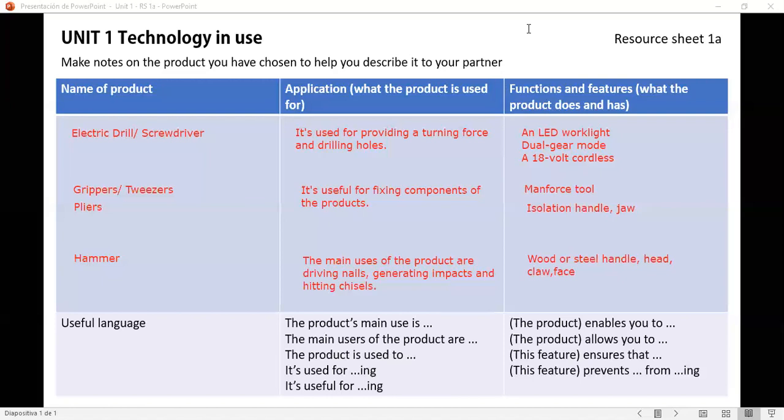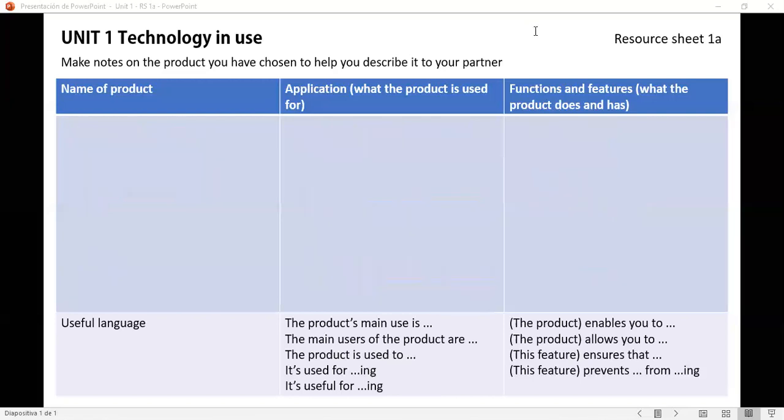Determine the main product for your job, for your work activity. Yes, it's okay. Okay, that was great.